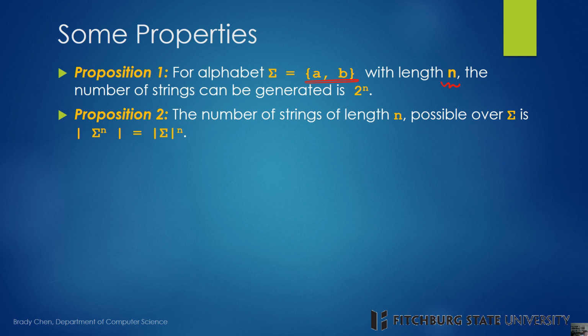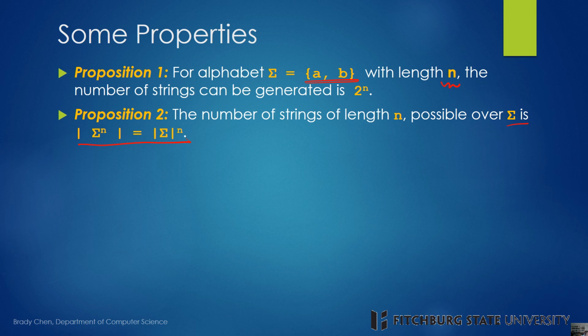Okay, so that's one. Proposition 2: the number of strings of length n over sigma is the number of elements in sigma to the n.